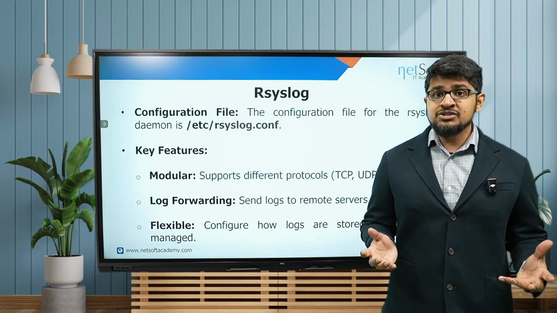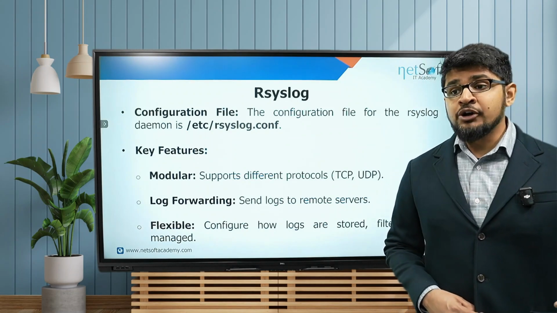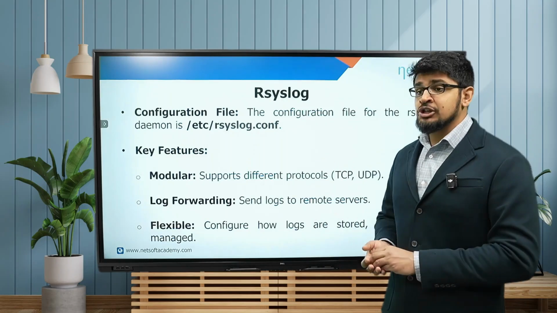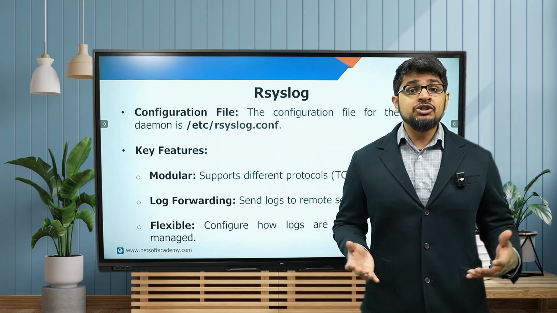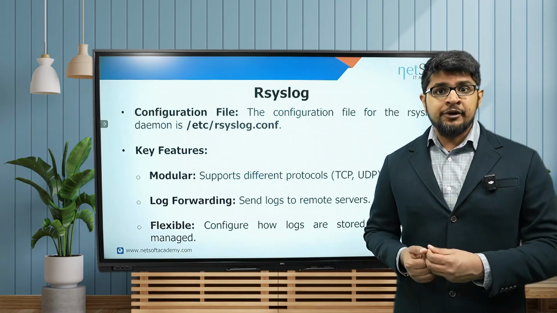If you have a centralized logging server, you can set it up so that you are able to forward your logs to centralized servers. You also have the flexibility of configuring your logging as you see fit. So in this rsyslog.conf file, you're the one who gets to decide what is being logged and where.